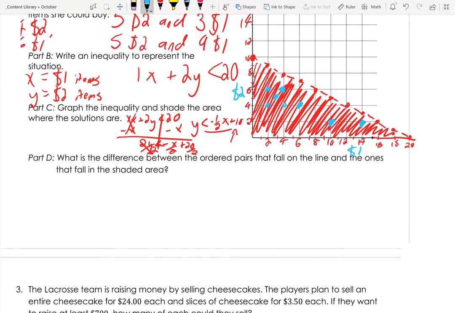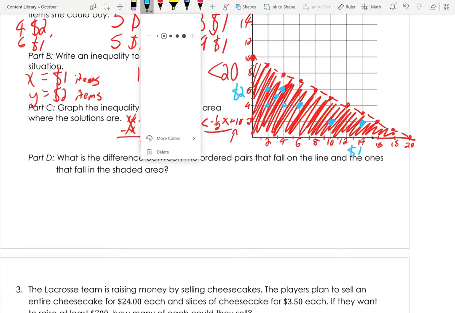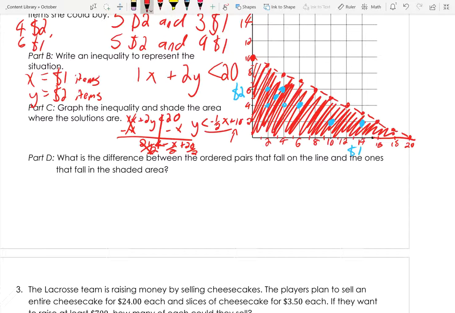So what's the difference between the ordered pairs that fall on the line and the ones that fall in the shaded region? So the ones on the line are equal, right?